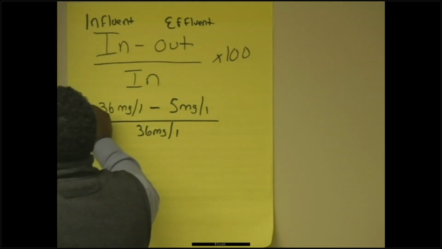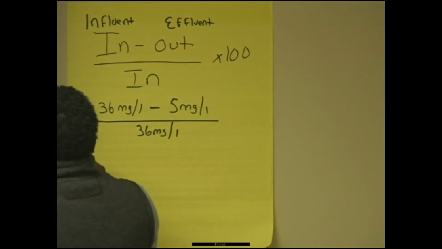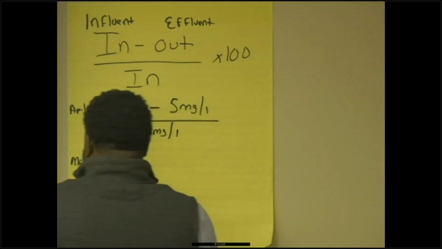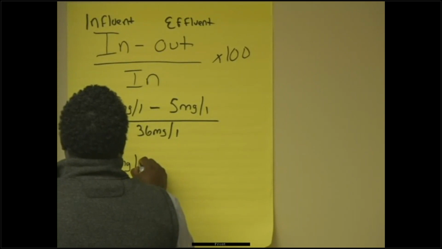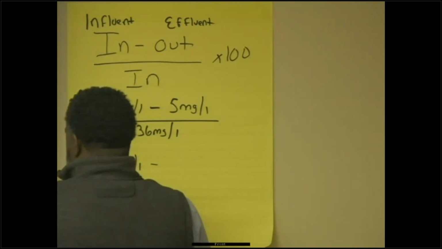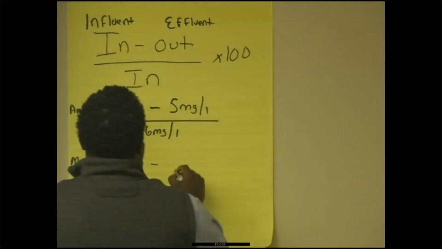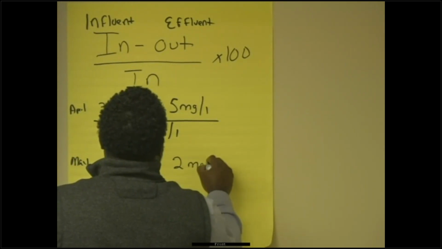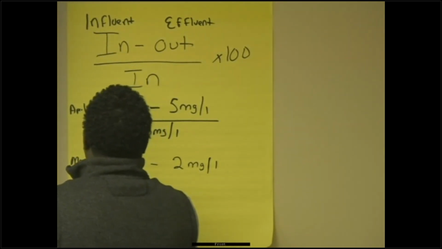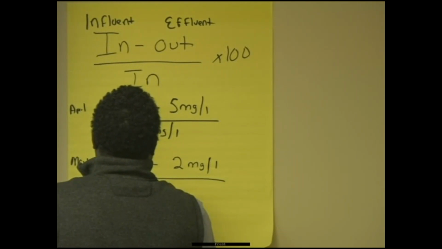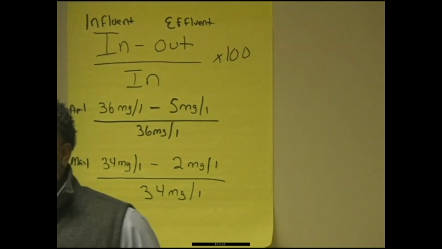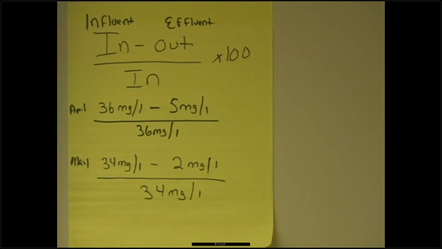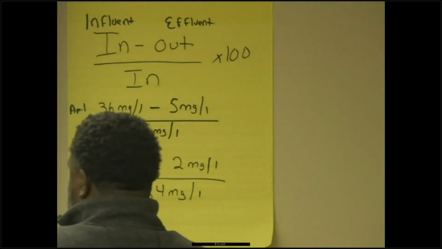The influent TSS in May was 34 milligrams per liter. The effluent TSS was 2 milligrams per liter, all over 34 milligrams per liter. Again, influent is in, effluent is out, but we're not quite done.